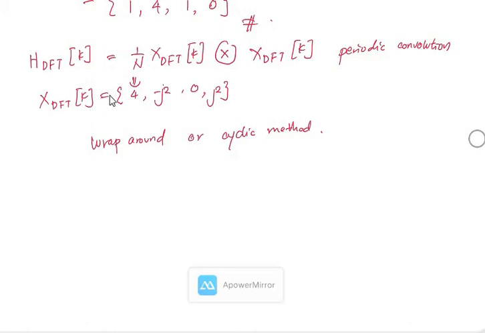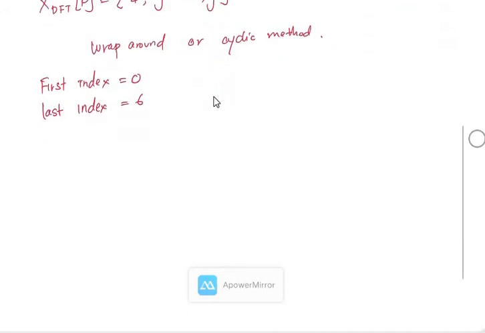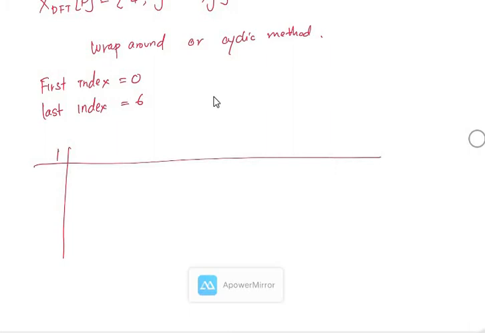For the last index, you have 1, 2, 3 for the X DFT, and then you convolve with another X DFT, so 3 plus 3 is 6. So the first index is 0 and the last index is 6. You already studied on the previous chapter how to determine the first and last index. And then we can draw a table for k, 0, 1, 2, 3, 4, 5, 6.